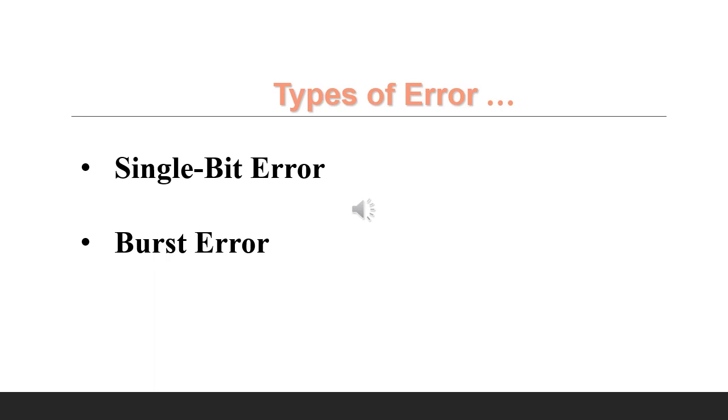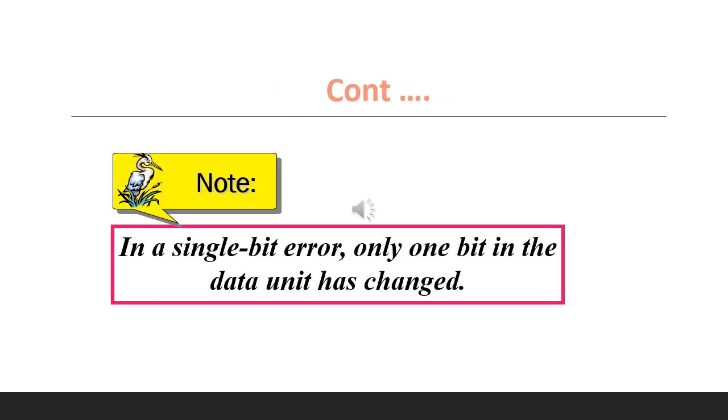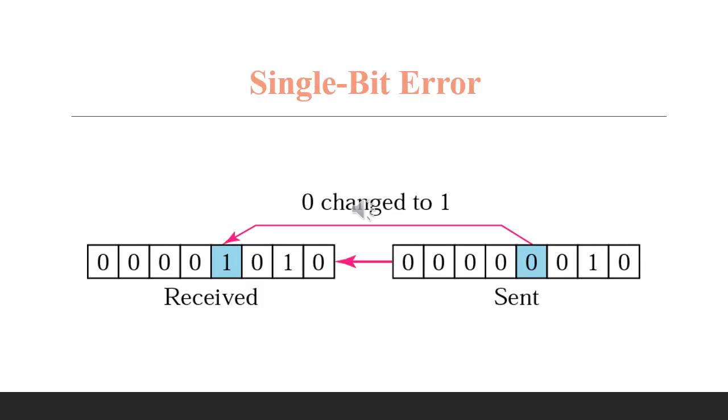Now, error is of two types. We have single bit error and burst error. In a single bit error, only one bit in the data unit has changed. Here you can see the data has been sent and the received data only has one bit that has been changed, and that's why it's called single bit error.